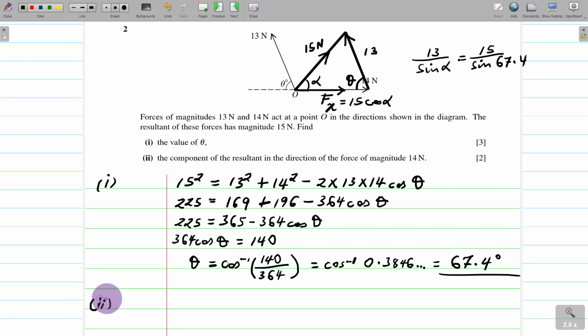So this working is meant to be for part 2. So I just note that one down because I won't repeat it. So we can get the sine alpha, which is, if I cross multiply here, I'm going to get 13 sine of 67.4, and I divide by 15.